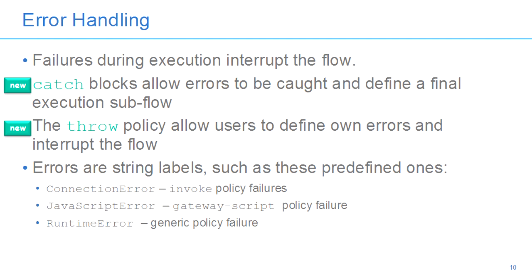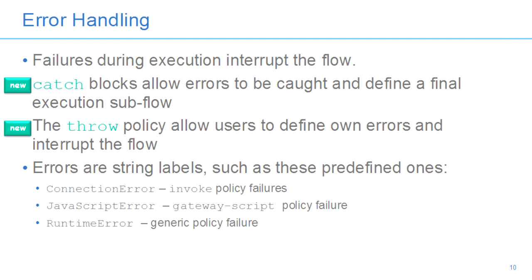If you do not use catch blocks, you get similar behavior to version 4, where an error would abort and interrupt the flow. But now with the catch block, you can catch that and continue running a different flow.